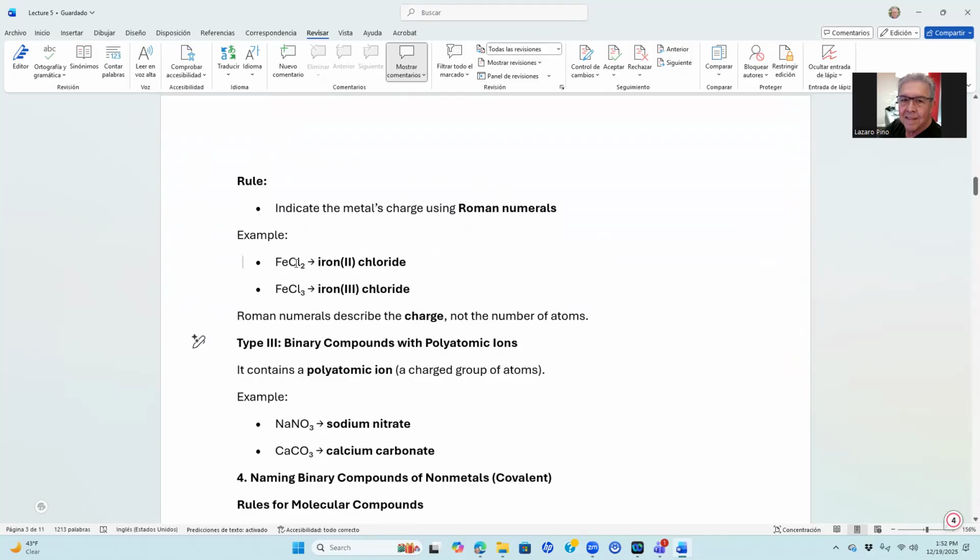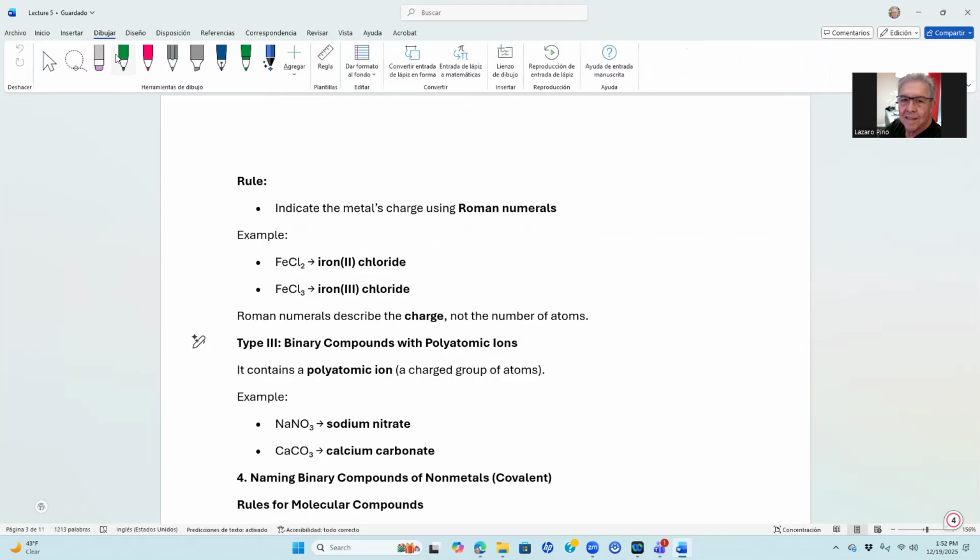Okay, let's stop here at type 2. Type 2 corresponds to the metals that have more than one oxidation number or charge. They make two types of cation. For example, let me write here: iron 2+, and iron 3+.